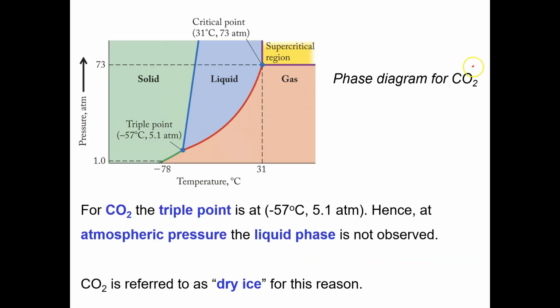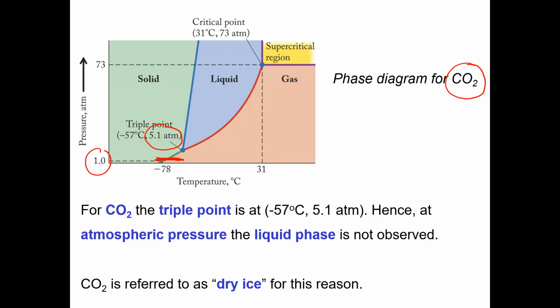However, if we go to something like CO2, where the triple point is well above 1 atmosphere, that's why we don't see liquid CO2 at normal atmospheric pressure. At normal atmospheric pressure, only solid and gaseous CO2 can exist.